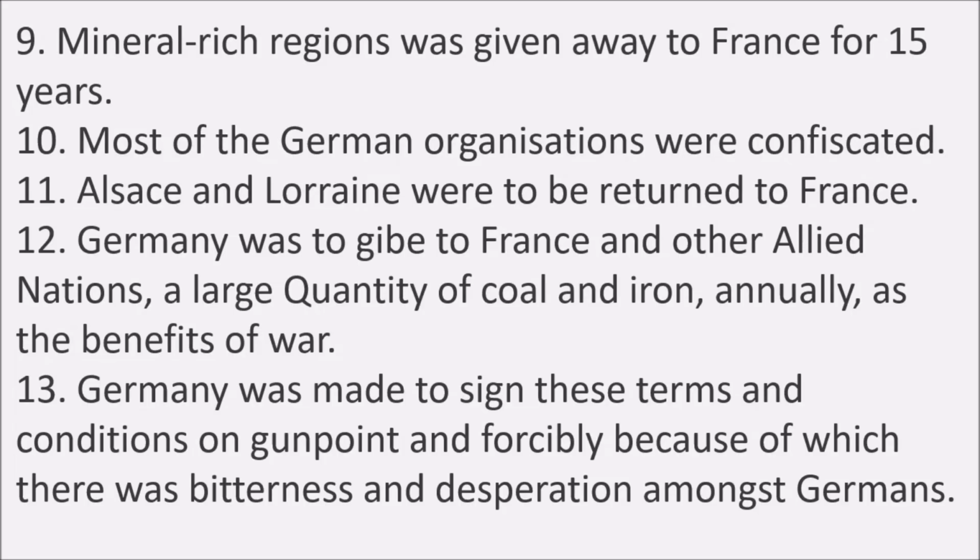Alsace and Lorraine were to be returned to France. Germany was to give France and other allied nations a large quantity of coal and iron annually as benefits of war. Germany had to sign these terms and conditions at gunpoint and forcefully, because of which there were bitterness and disapprobation amongst Germans.